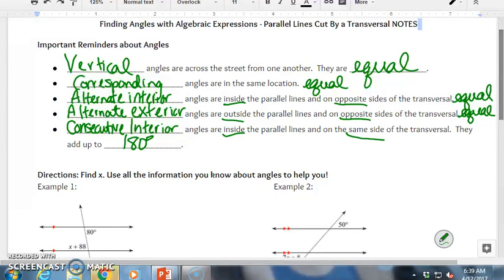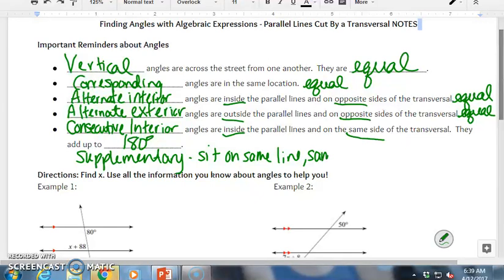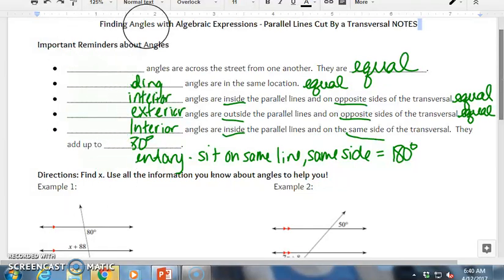And then, of course, you need to remember that supplementary angles sit on the same line, on the same side, and they equal 180 degrees. Okay, so we'll need to recall all of those terms to be able to solve for x and find the angles. All right, if you need that, you can rewind that, pause that.